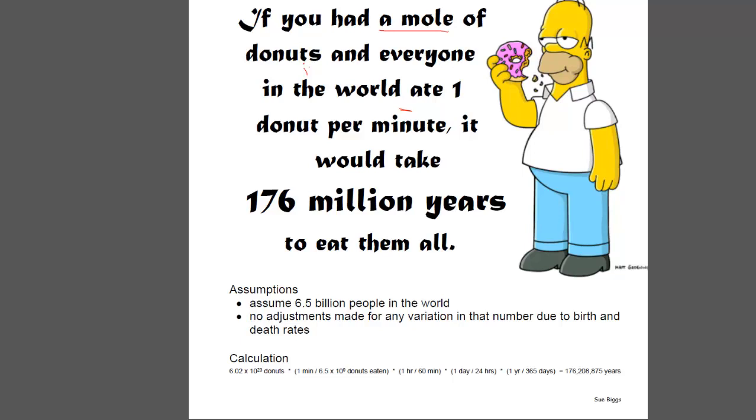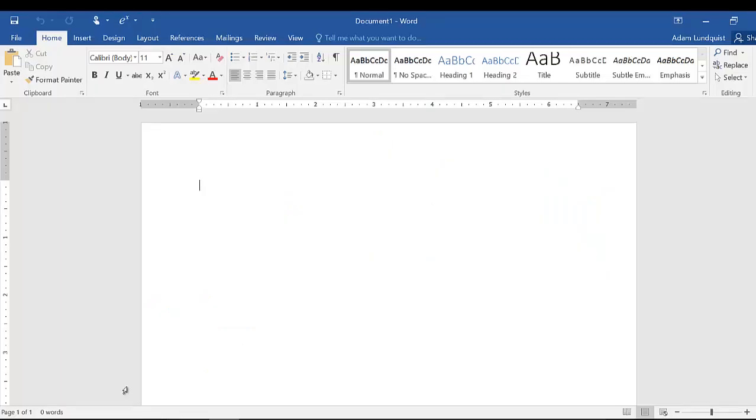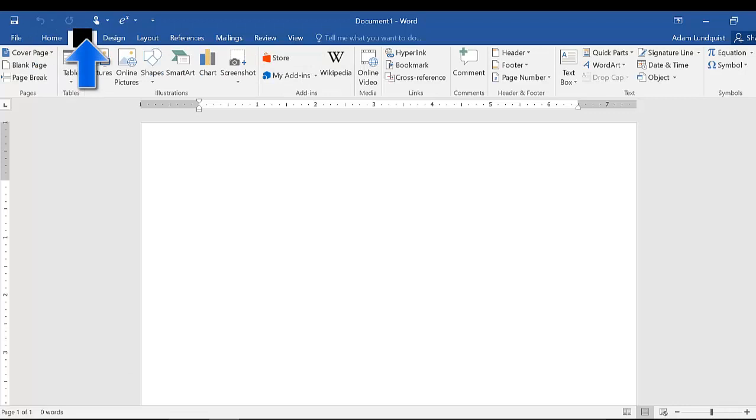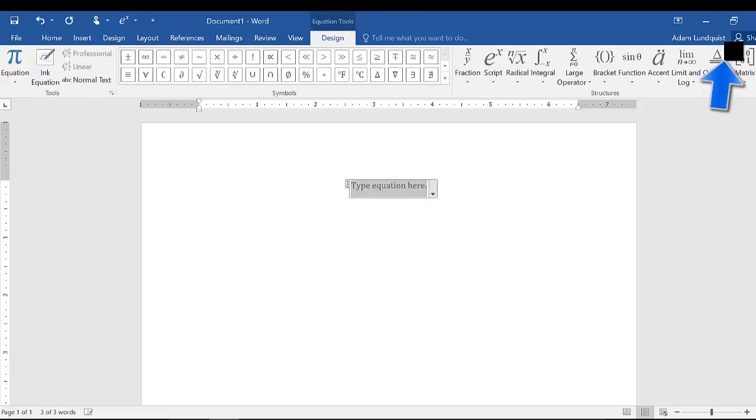If you're going to go to some far off place, some other planet, please tell me how far away that planet is, because due to the expansion of the universe, that number may change in the future. So you write me your assumptions. Lastly, you finish with calculations. In your calculations, you can have mathematical operators in Word by clicking on the Insert and then Equations tab.